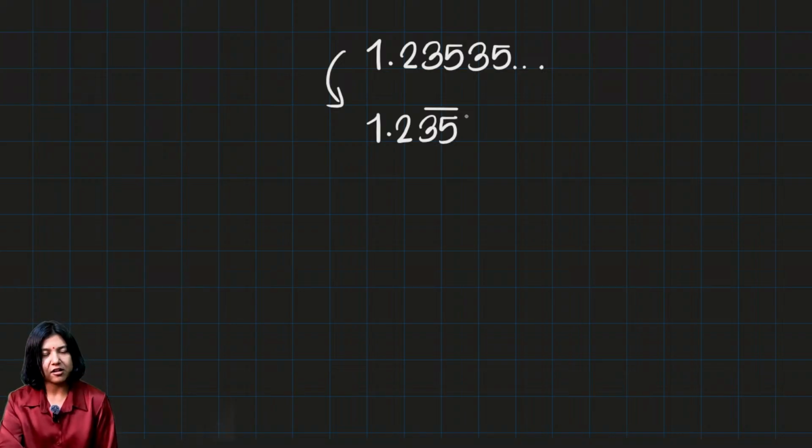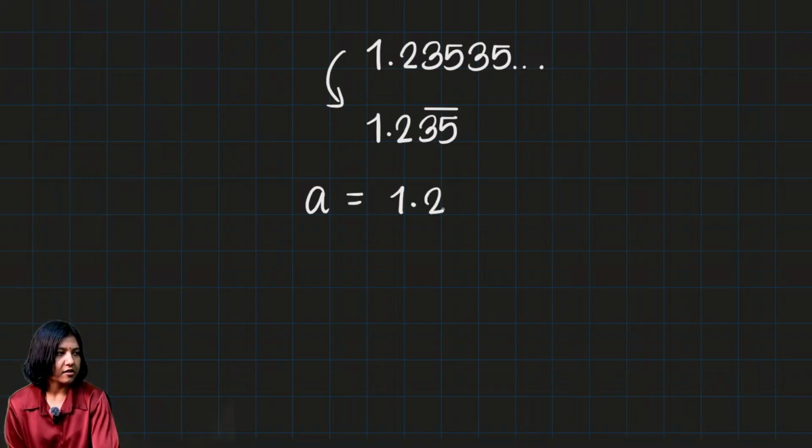So in such cases the method of working out is a little different, because you have that non-repeated digit as well. So we will do this in the easiest way possible. I'll again start by considering this as some variable, I can say a. Let a equal 1.235353535 and so on.